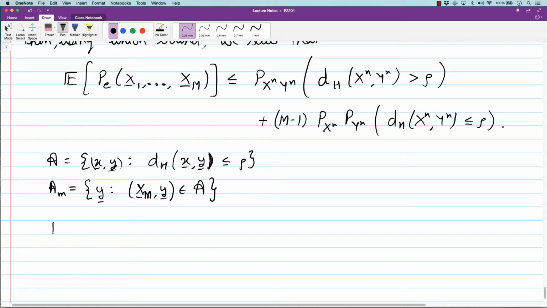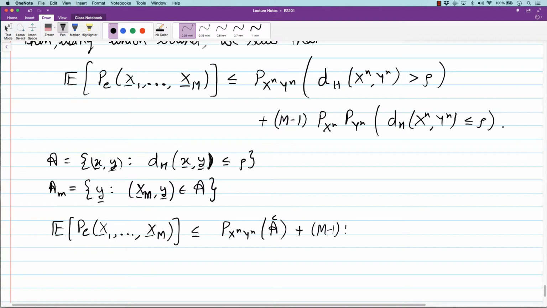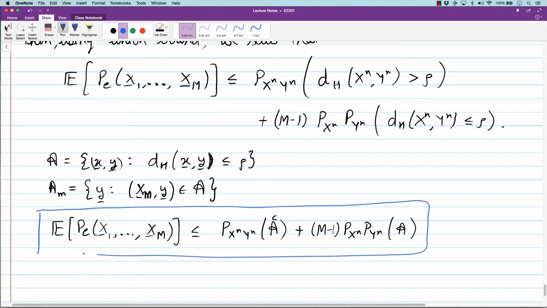So in this notation, what we can see is that the expected probability of error is less than or equal to the same thing, written by bringing in this set notation, with A. That's the bound we saw for the binary symmetric channel, and the analysis was generic.